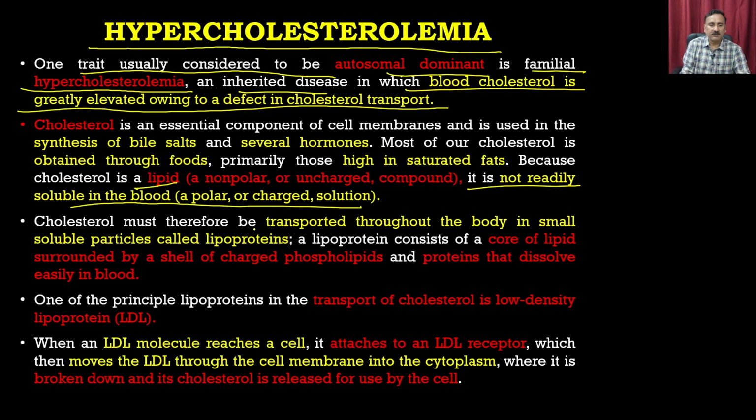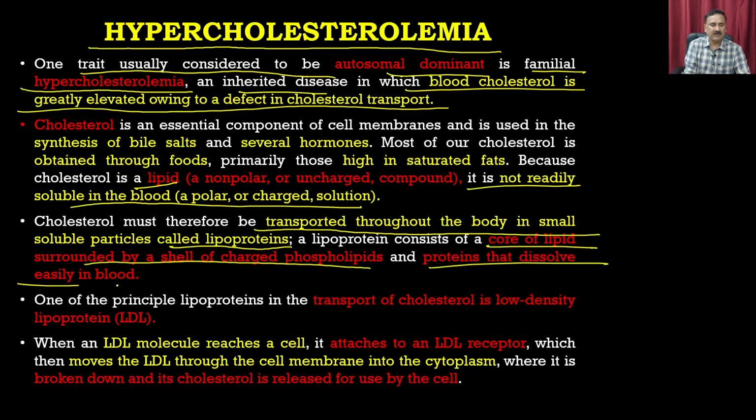Therefore, it is transported through the body in a small soluble particle called a lipoprotein, or LDL. LDL particles consist of a core of lipid surrounded by a shell of charged phospholipid and protein that dissolve easily in the blood. One of the principal lipoproteins is LDL, or low density lipoprotein.